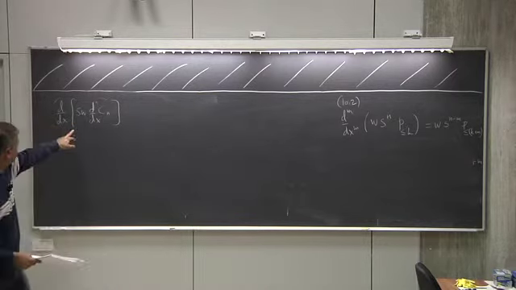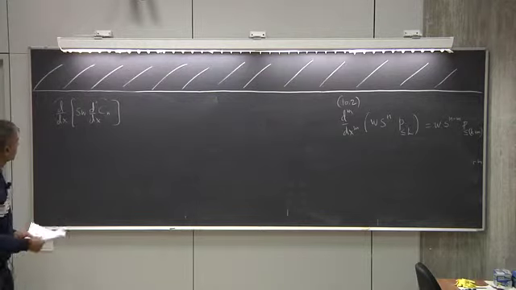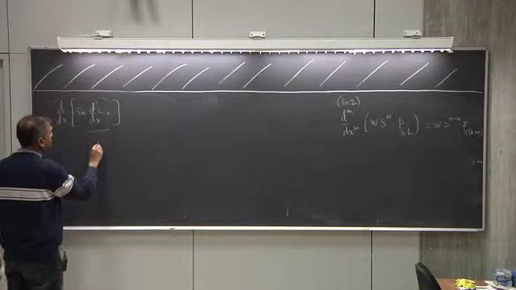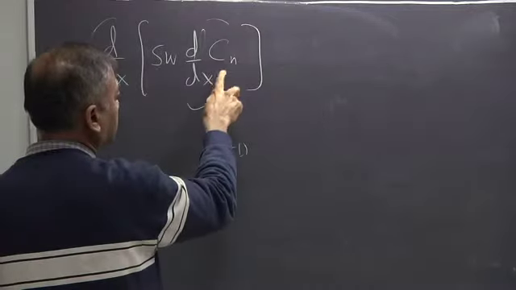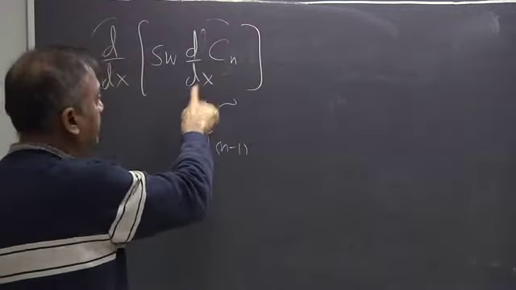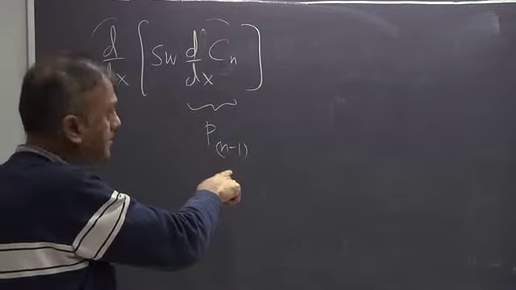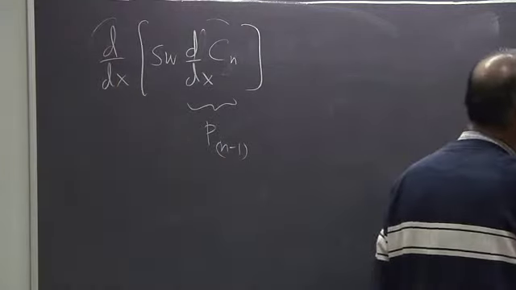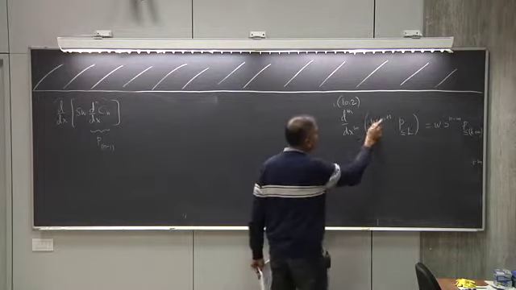So now just apply this here. What we have here is a polynomial of degree n minus 1, because Cn is degree n, so d by dx acting on that gives n minus 1. Now apply this formula for m equal to n equal to 1.